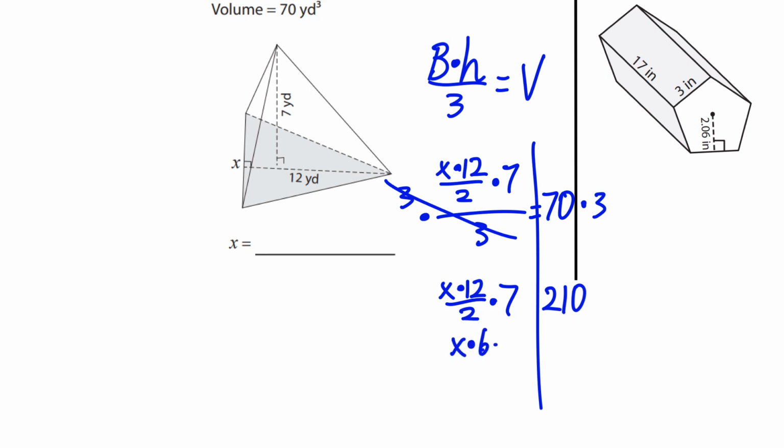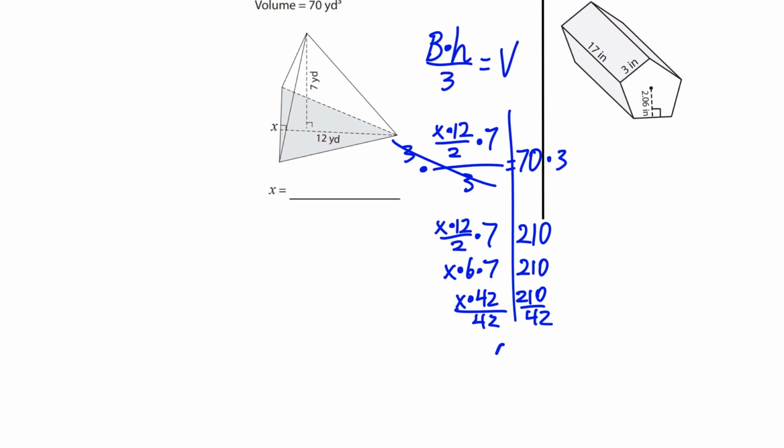So we get x times 6 times 7 equals 210. What's 6 times 7? 42x equals 210. And I'm just going to divide both sides by 42. And it gives you 5.